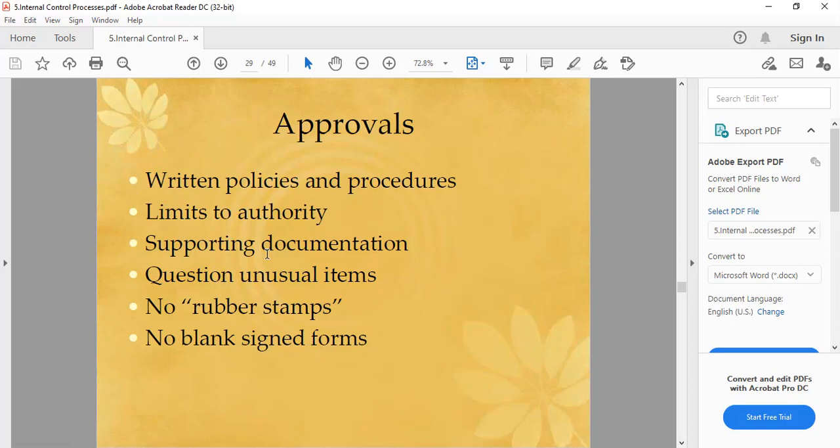Then documentation. If certain unusual items are there, there should be a sort of questioning of such, a way of knowing if it is still valid and relevant to the organization, or if certain fraudulent transactions are already happening, to be able to spot them. Then another one is no rubber stamps.